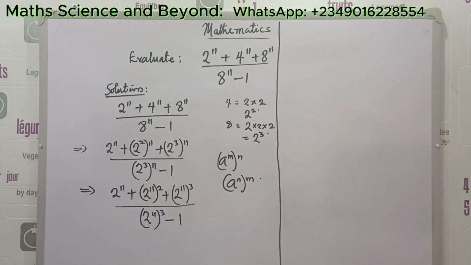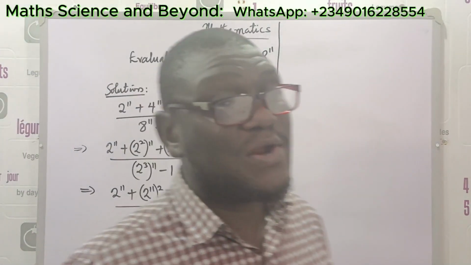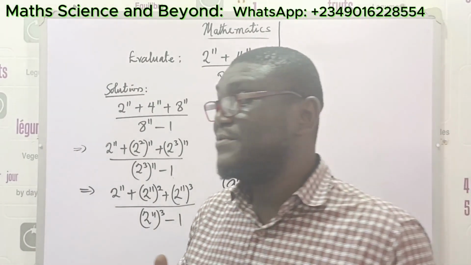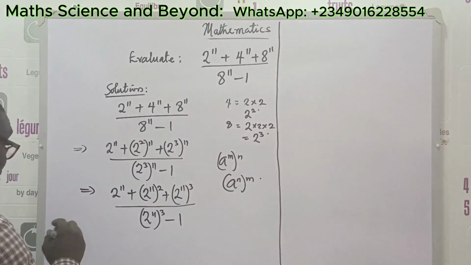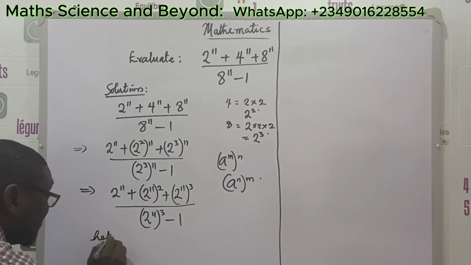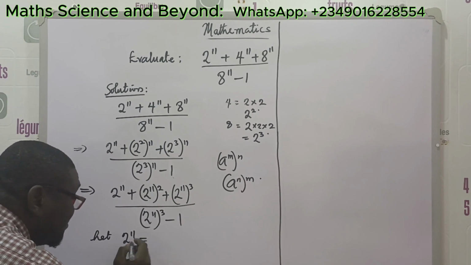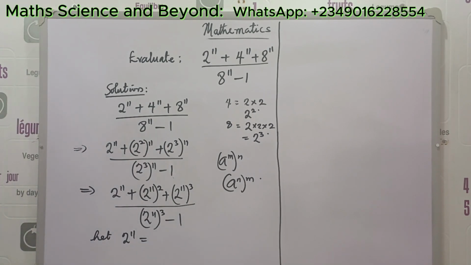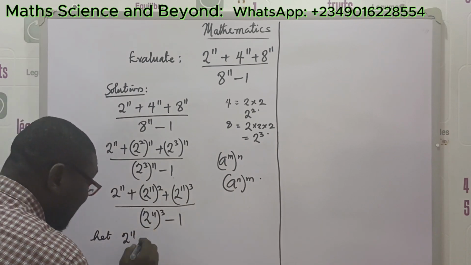What we are going to do next is represent 2 raised to power 11 with something. Let 2 raised to power 11 be a letter of your choice.